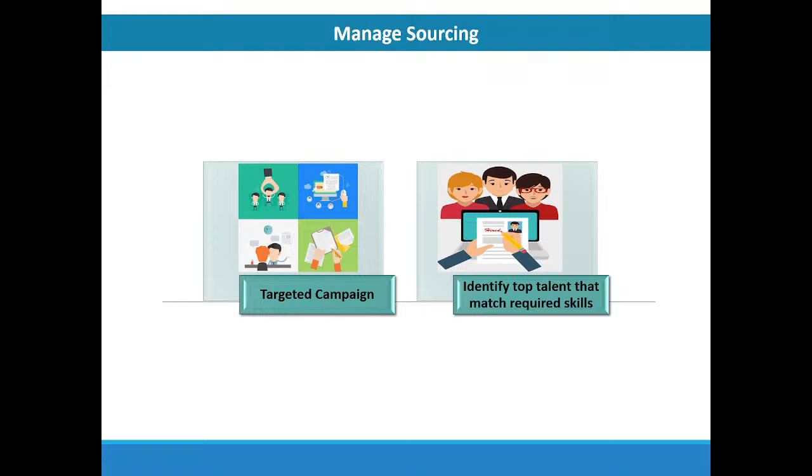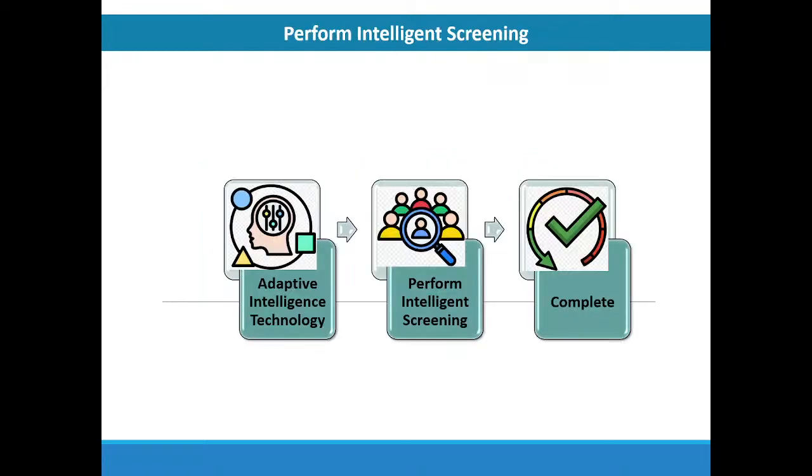Then we have the performance intelligence screening. As a recruiter, you can use adaptive intelligence technology for intuitive candidate recommendations with the skills and experience that match the job description. This way, the best candidates are readily available to be tagged to the job requisitions.